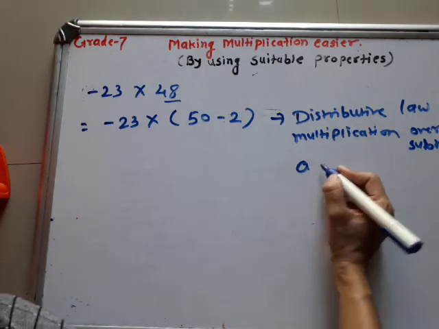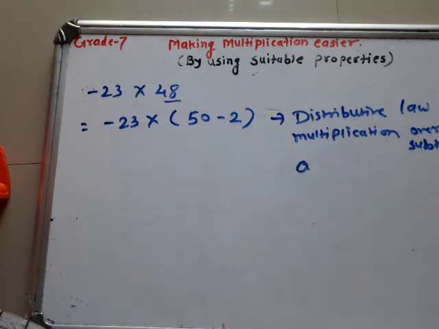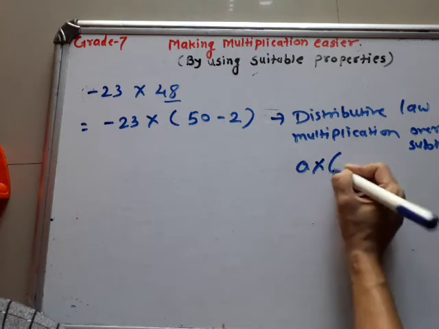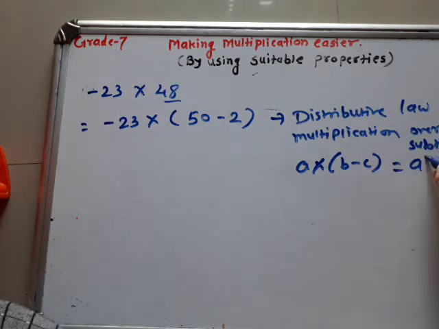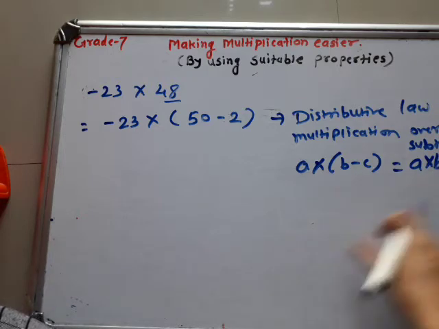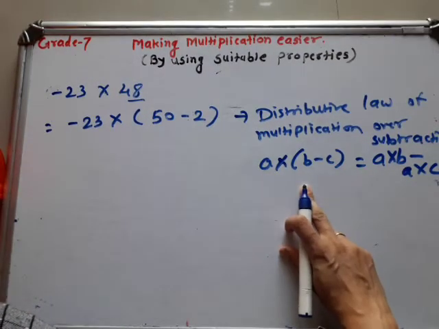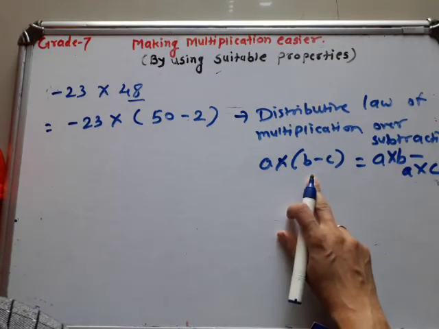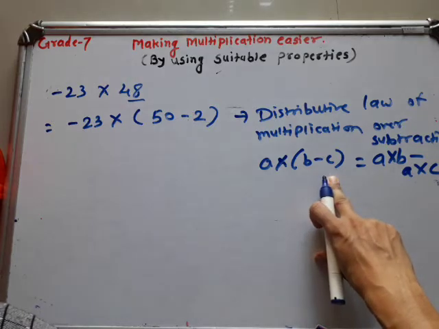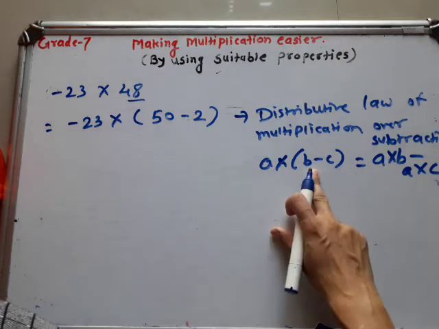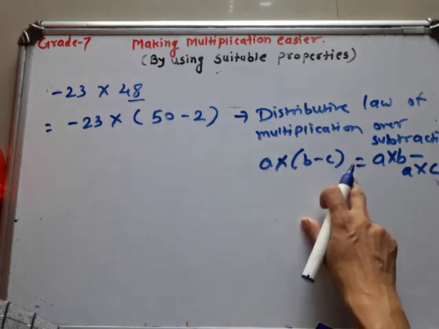A multiplied by (B minus C) gives AB, that is, A multiplied by B minus A multiplied by C. This is the law. See here, A multiplied by (B minus C). This is your property. So we get A multiplied by B minus A multiplied by C.